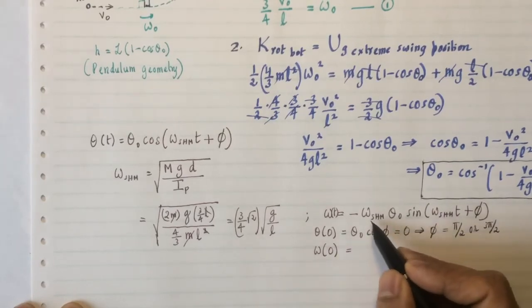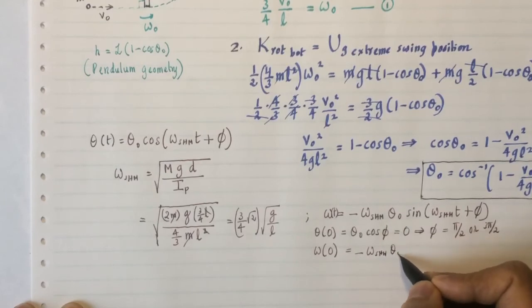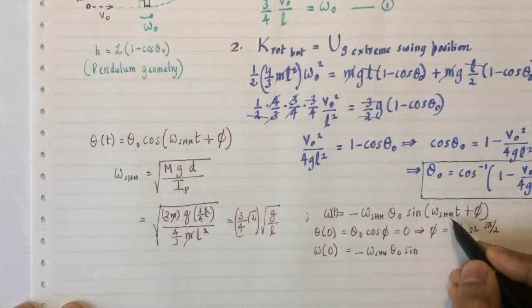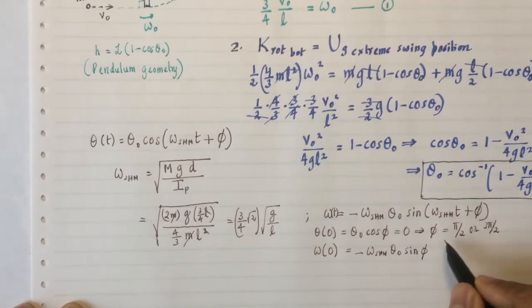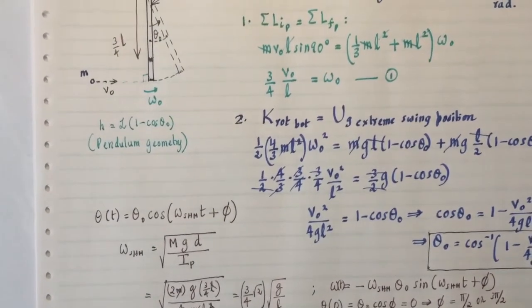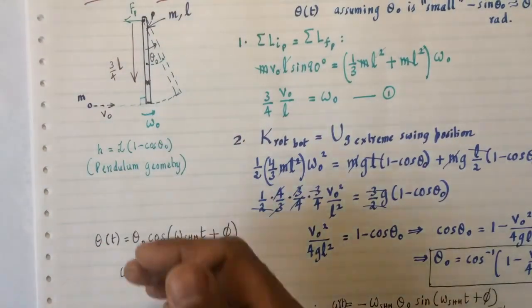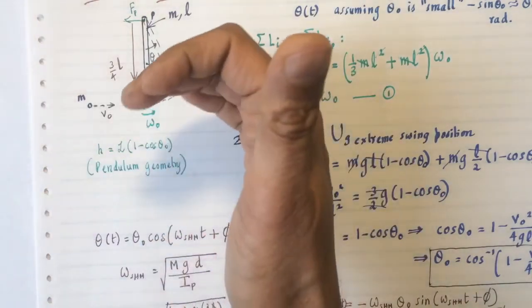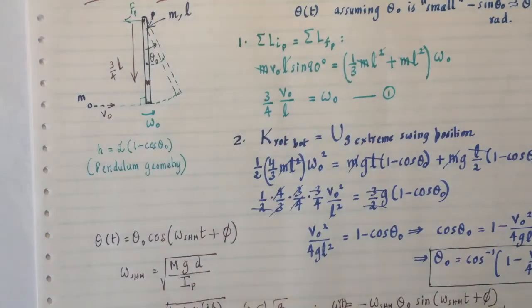So that omega of 0 now is going to be negative omega simple harmonic times theta naught sine of 0 plus phi, which is just sine of phi. Now, which of these two will result? But this time, remember that omega naught is out of the page. That's the only difference between that cheese block problem, where the cheese block was going to the left. Here, the angular velocity of the rod is actually out of the page, so it's positive.